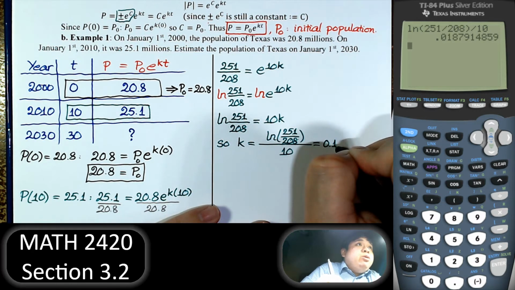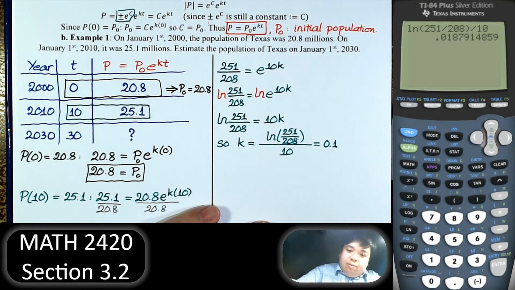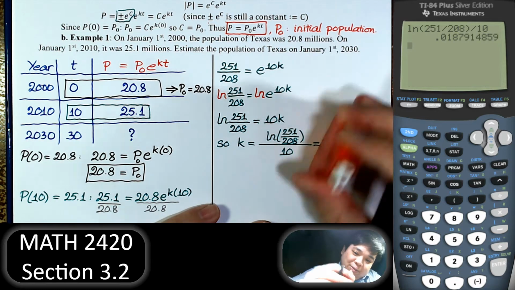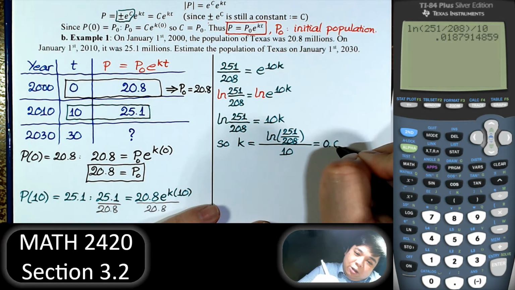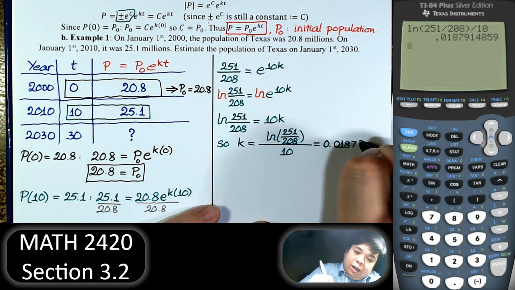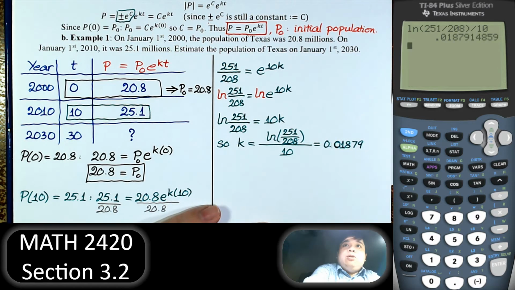I'm just writing a few decimal places here. Sorry, that would be 10%, but 0.01879. Right. So that is the rate.